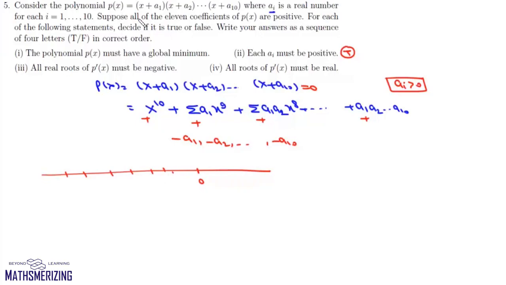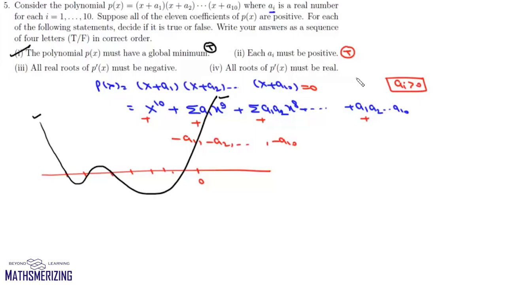Now since it is a polynomial with even power, it will start from infinity and it will end at infinity. So when the polynomial starts at infinity and ends at infinity, it will have a global minimum at some point. That means this statement 1 is also true. So first is true and second is true.